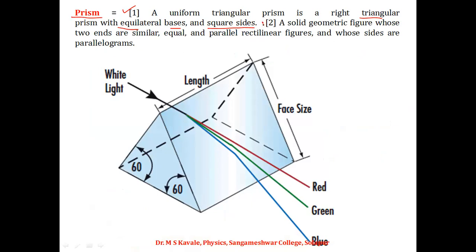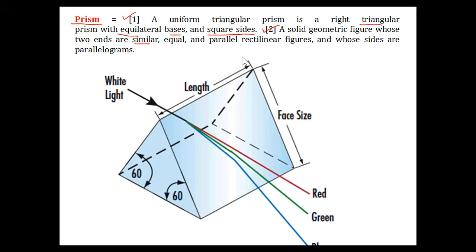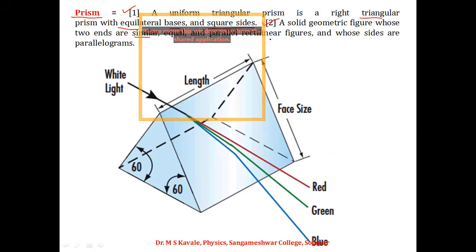Second definition: a solid geometric figure whose two ends are similar, equal, and parallel rectilinear figures and whose sides are parallelograms.